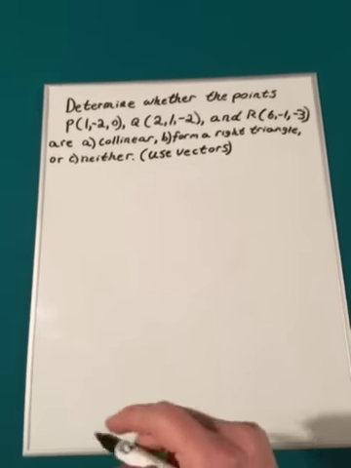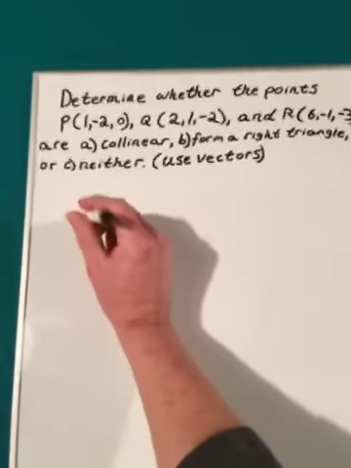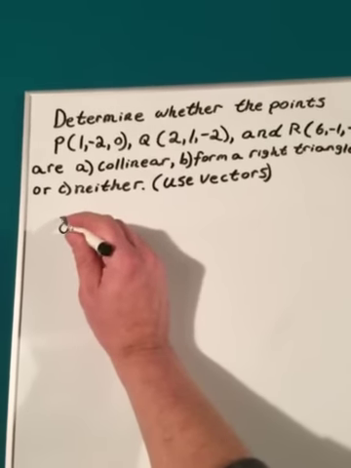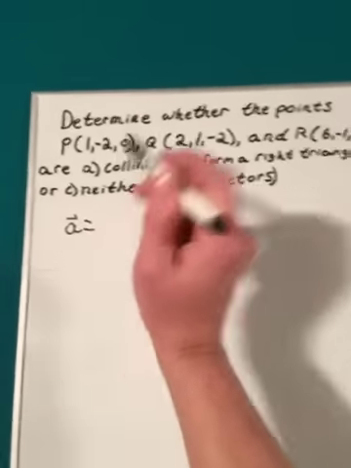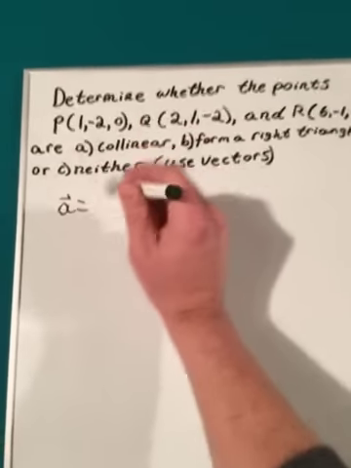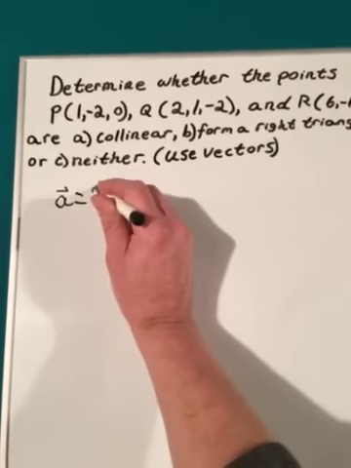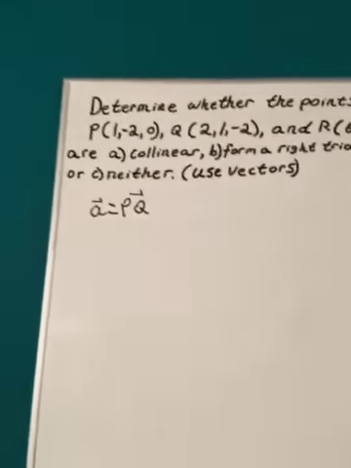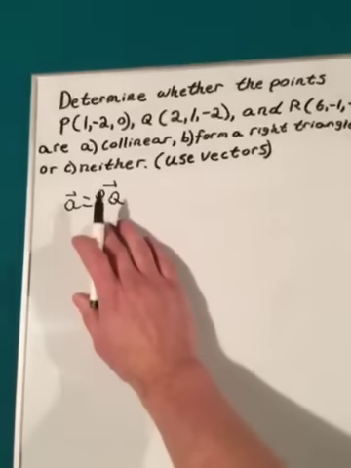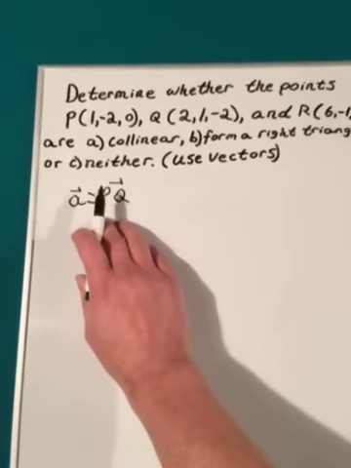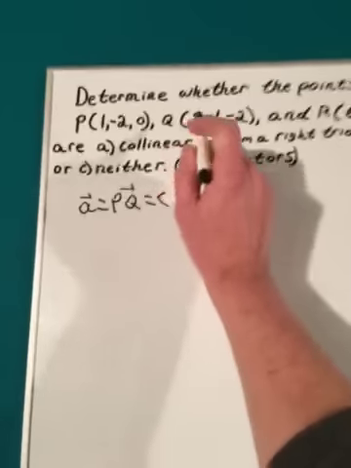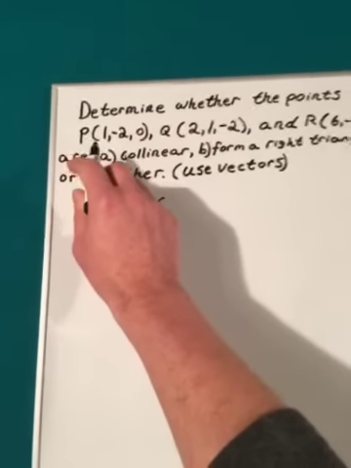Okay, well, let's say a vector equals the distance from P to Q. So let's say a vector equals PQ vector. Okay, well, what does that equal? It just equals the distance from P to Q. So we can just subtract off our P component from our Q component.